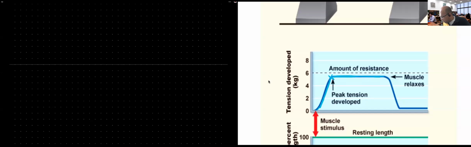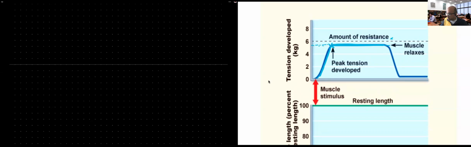But the amount of resistance is greater than the maximal tension I can perform. So let's say the maximal tension that I can develop is 6 kilograms, but the weight of the load I'm trying to move is 8 kilograms. So the tension is much lower than the weight of the load.